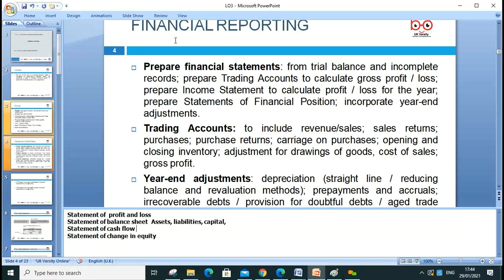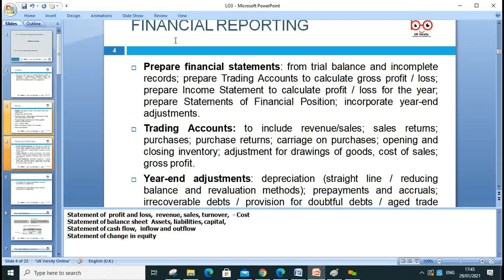The cash flow statement shows inflows and outflows. And this statement shows revenue, income, which we discussed. Revenue is also known as sales, also known as turnover.